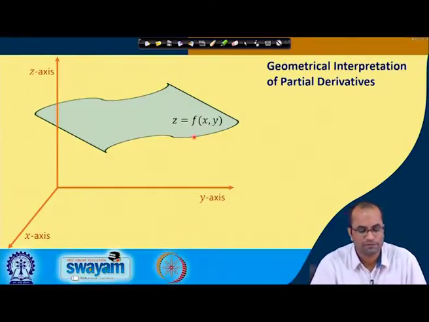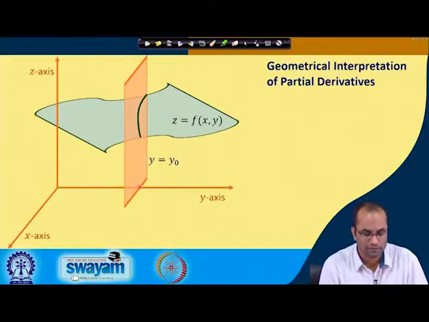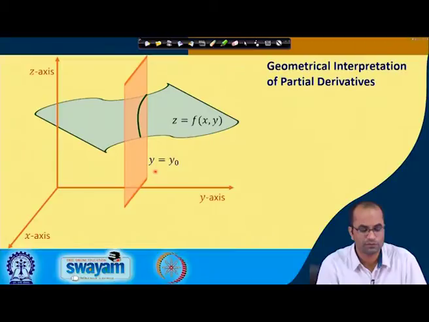If we cut this surface by the plane y equal to y0, where y0 is a point on the y axis, then on this plane all values of y are y0, the other variable being constant.